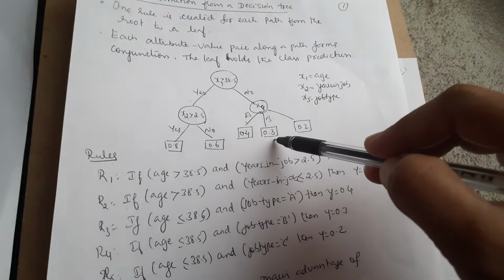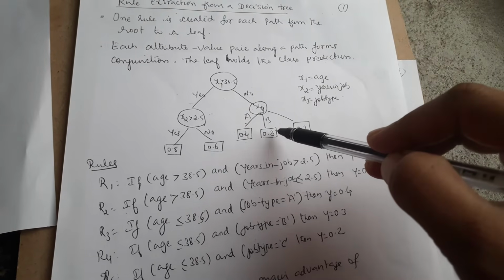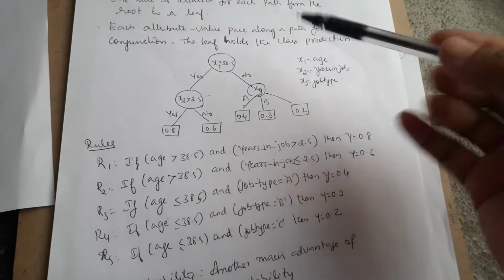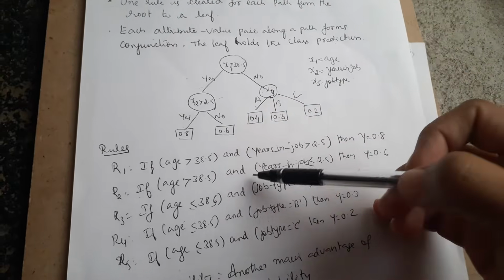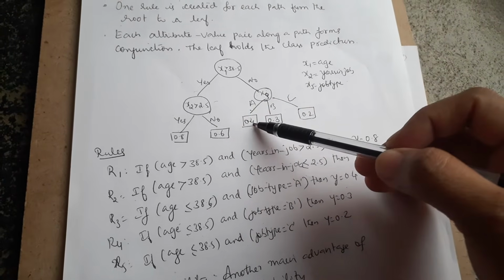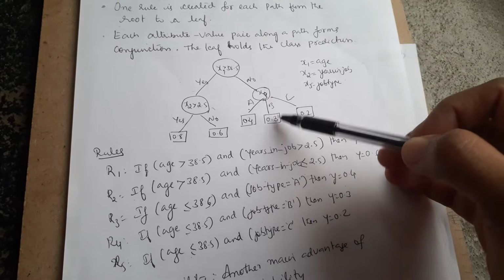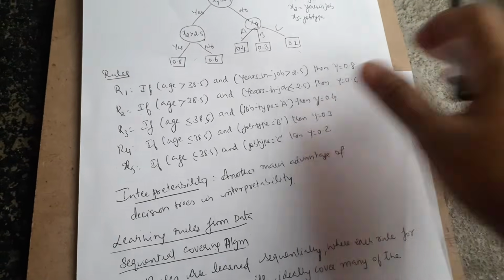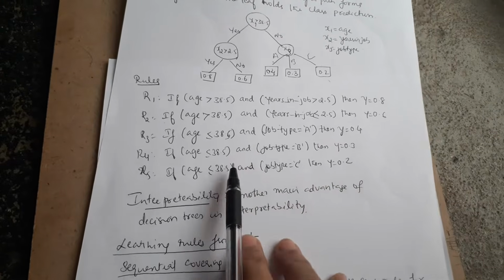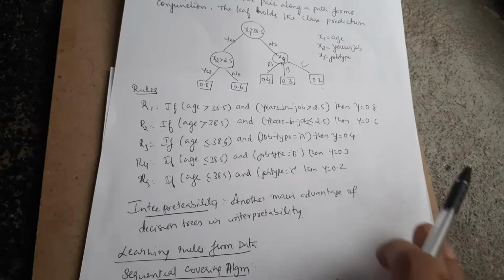Here I have taken the job types as A, B, and C. If job type is A, the output is 0.4. If job type is B, it is 0.3. If job type is C, it is 0.2. So like this, the rules are extracted. Interpretability is another main advantage of decision trees.